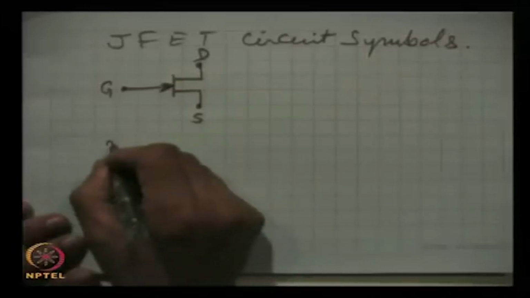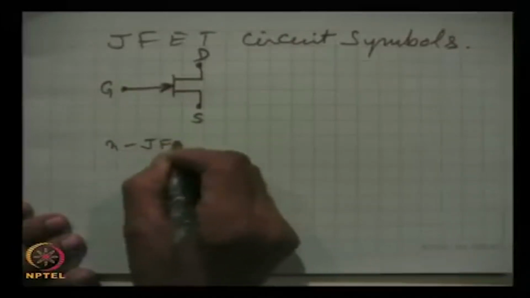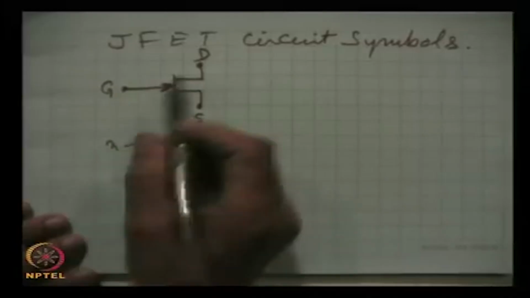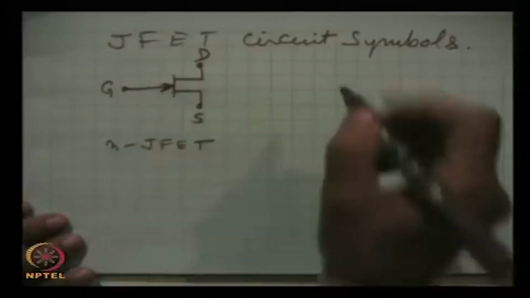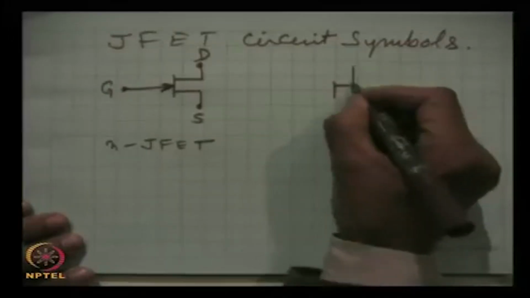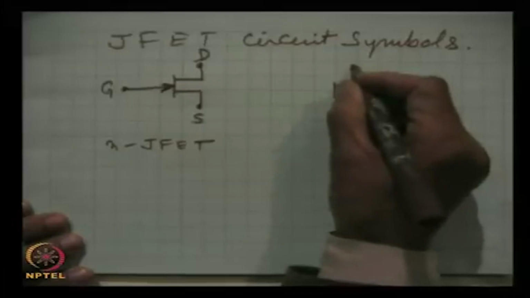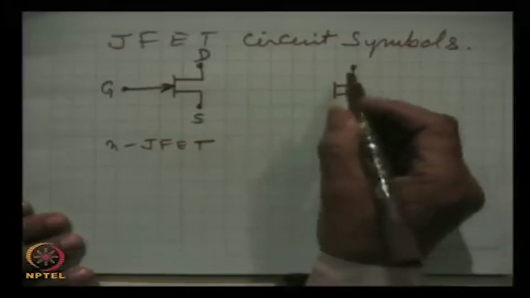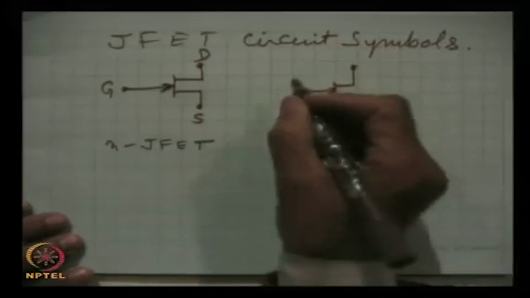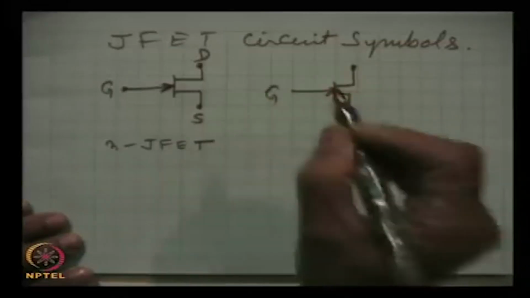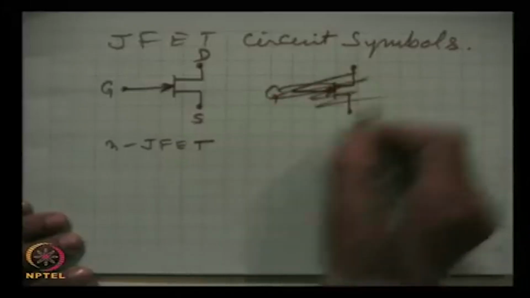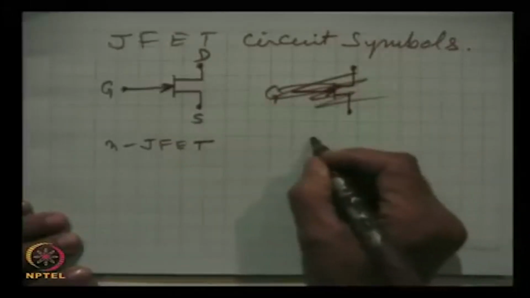This is for N type JFET, and for P type, the arrow direction is reverse. This is gate, sorry, I am sorry, the direction has to be reverse.